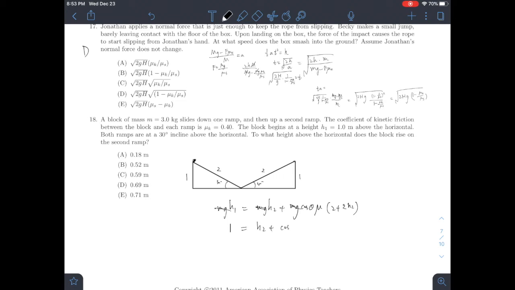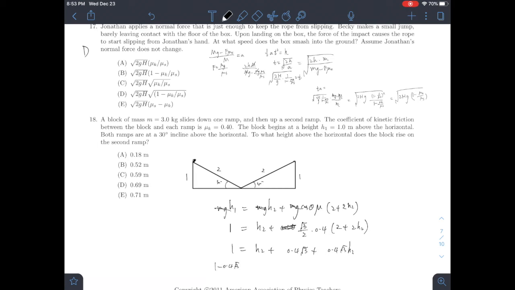We know h1 is equal to 1. So 1 equals h2 plus cosine theta, which is the square root of 3 over 2, times 0.4, which is mu, times 2 plus 2h2. Then we plug them in and expand them, which is 1 equal to h2 plus square root of 3 over 2 times 0.4 plus 0.4 times square root of 3 times h2.